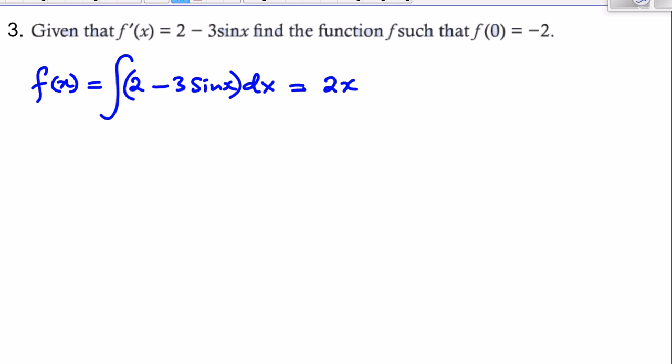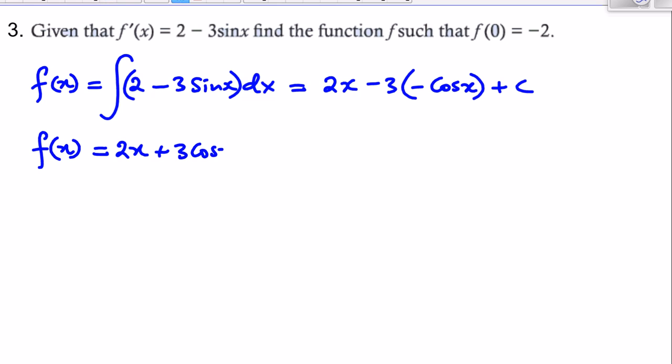Now the integral of sine x is negative cos x. So we'll have minus 3 into bracket negative cos x plus c, which means that f of x is 2x plus 3 cos x plus c.